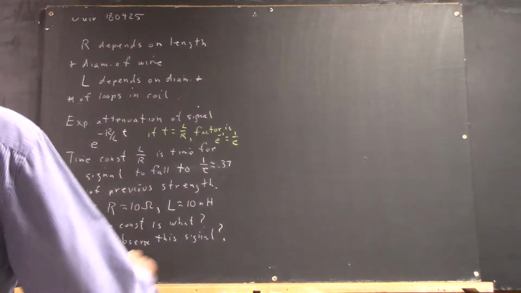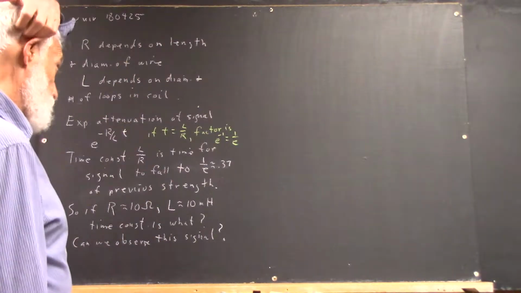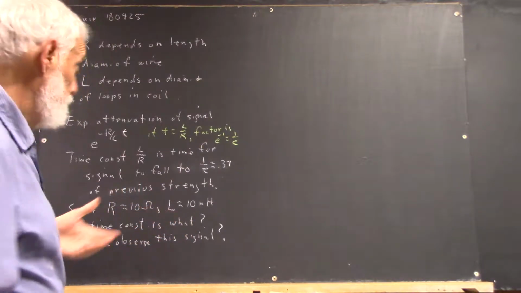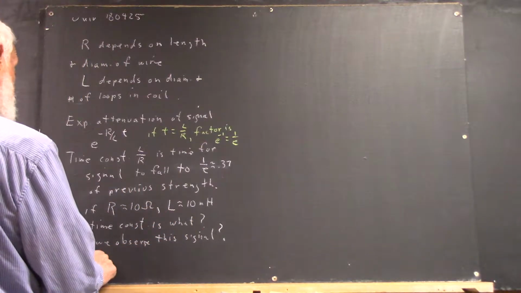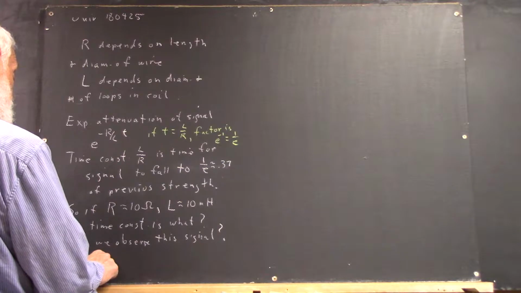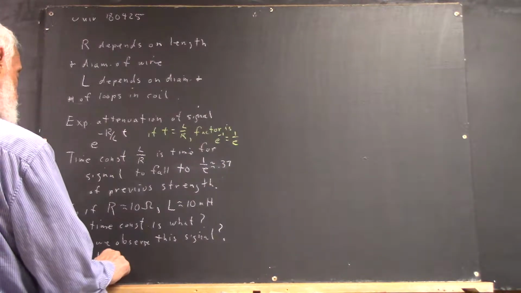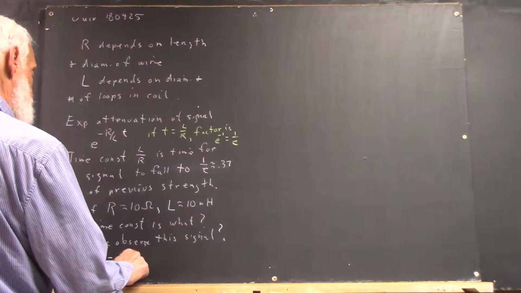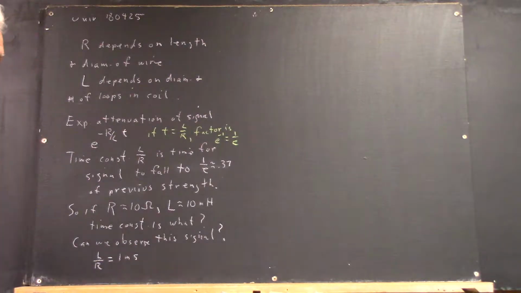Okay, so we get a time constant of a millisecond, right? So the time constant is 1 millisecond, a very straightforward calculation, okay?